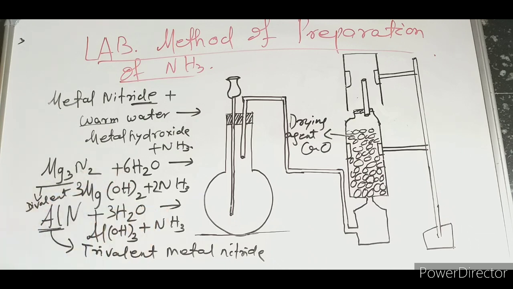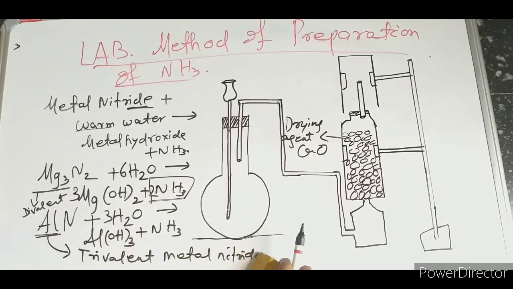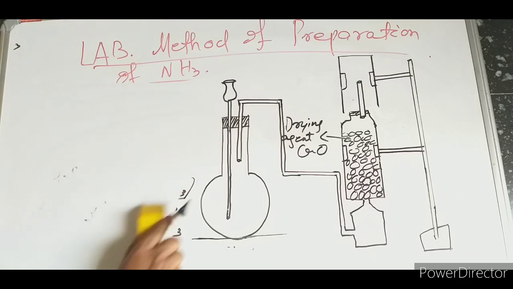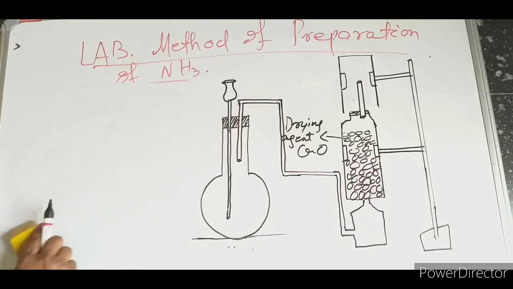When this reacts with water, ammonia gas is formed. So the gas will be ammonia. These are the types of questions that the board asks, and in school exams also such questions are asked. Name the gas evolved when hot or warm water is added to metal nitride.